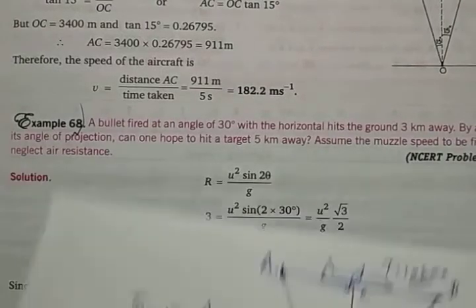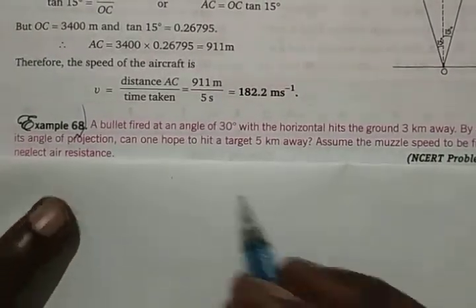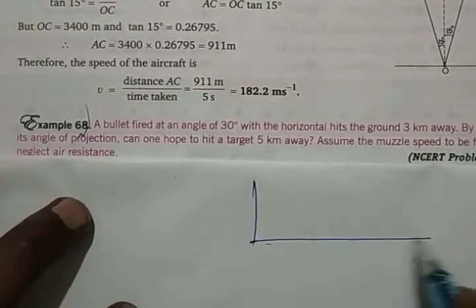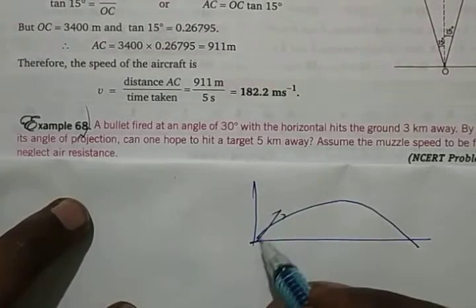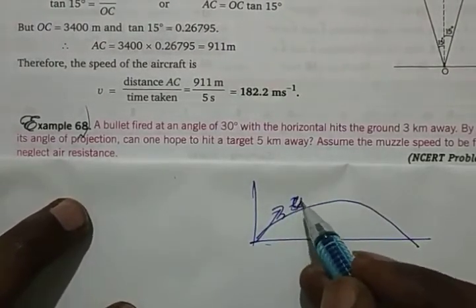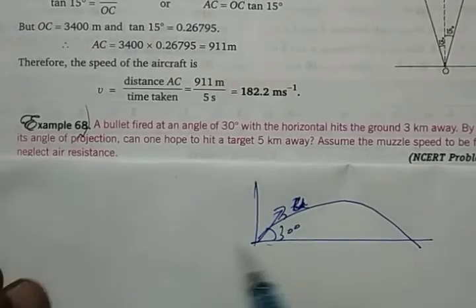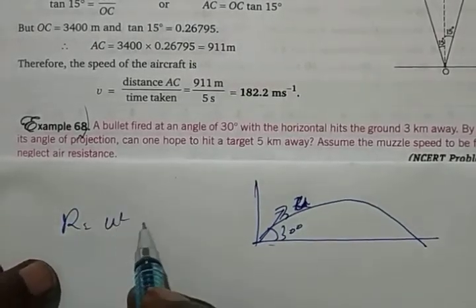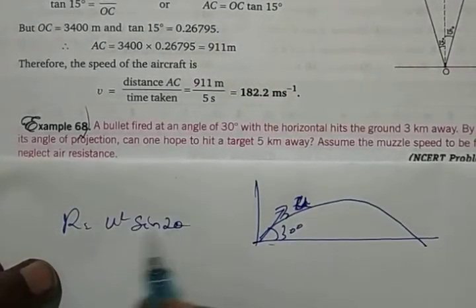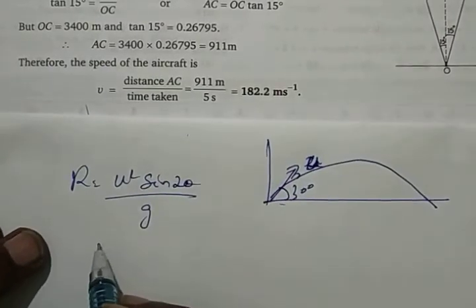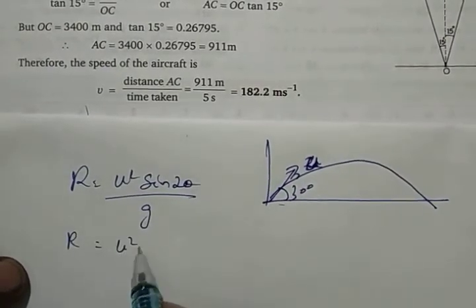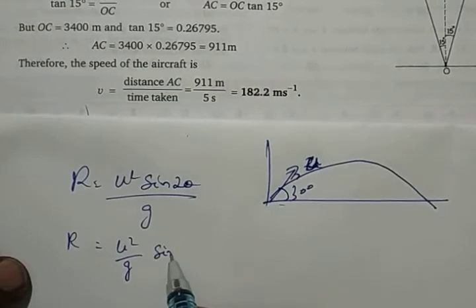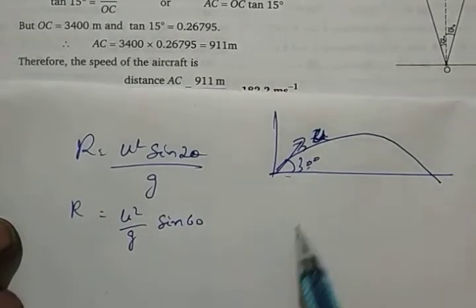Now, nothing much is given here, only theta is given. So it is 30 degrees, and U should be there. Range is equal to U square sine 2 theta upon g. So R is equal to U square upon g sine 60, because 30 degrees is given here.